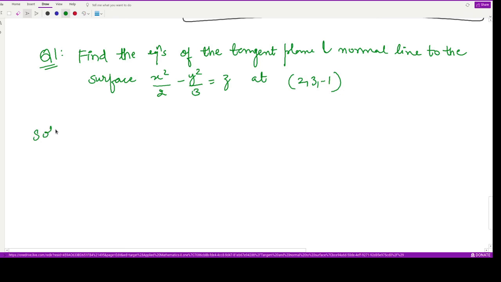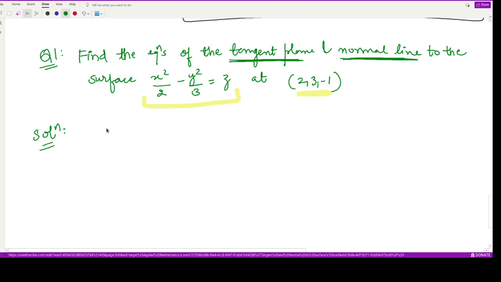So here you see the equation of the surface is given to be this one in x, y and z coordinates, and the point is given to be this. At this point, to this particular surface, we have to calculate the equation of tangent plane and the normal line.